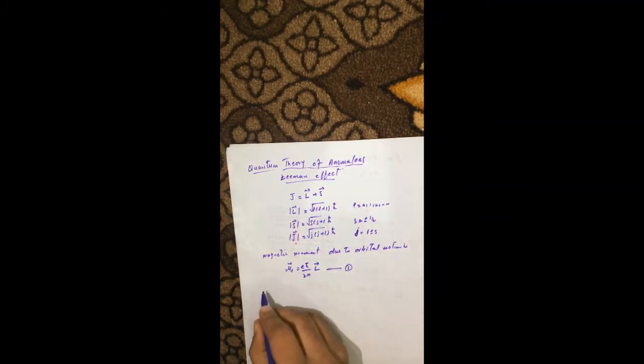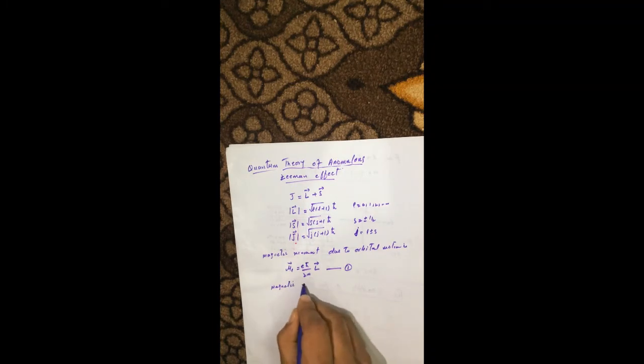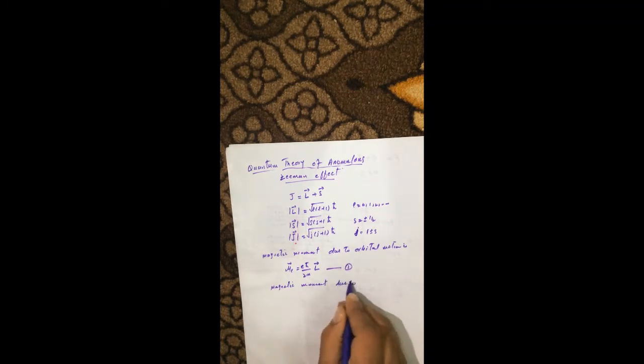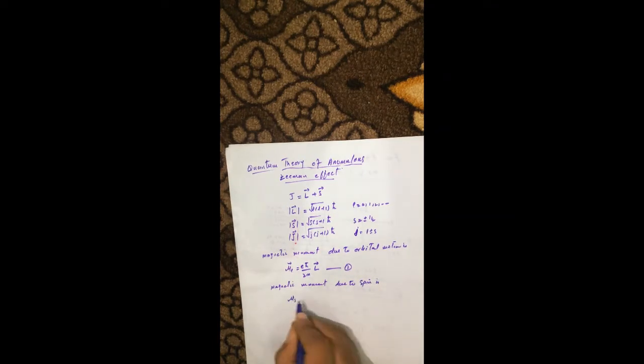And similarly, the magnetic moment due to spin is μs, which is 2 times eħ over 2m into L.